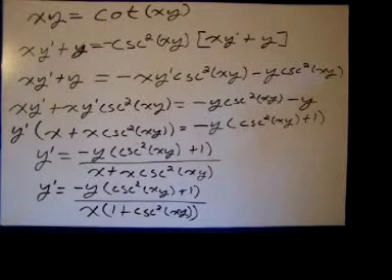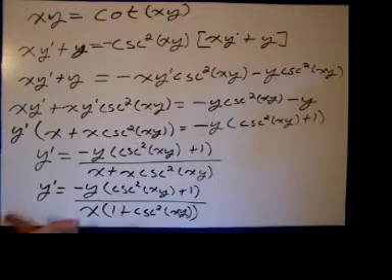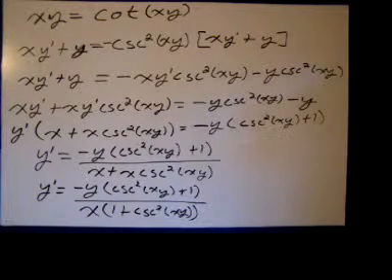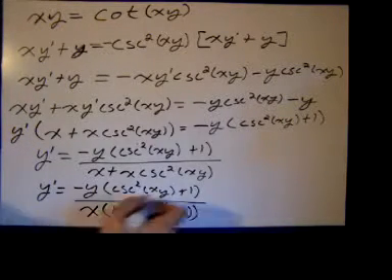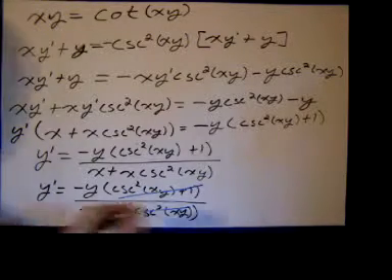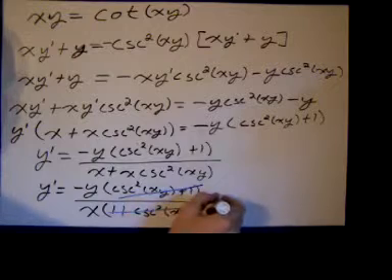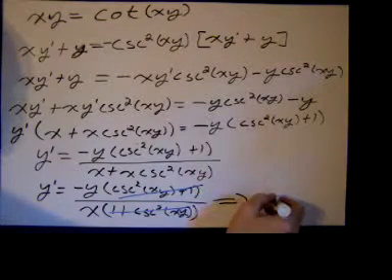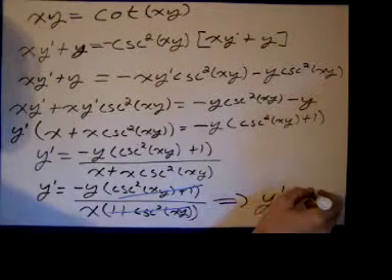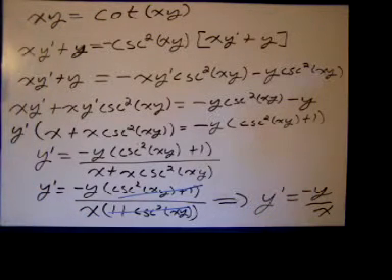And then I have 1 plus the cosecant squared of xy over 1 plus the cosecant squared of xy, so those will just knock right out, and I'm left with y prime, and I apologize for the sloppiness. I'll just put it like that: y prime equals negative y over x. Didn't that work out really nicely?